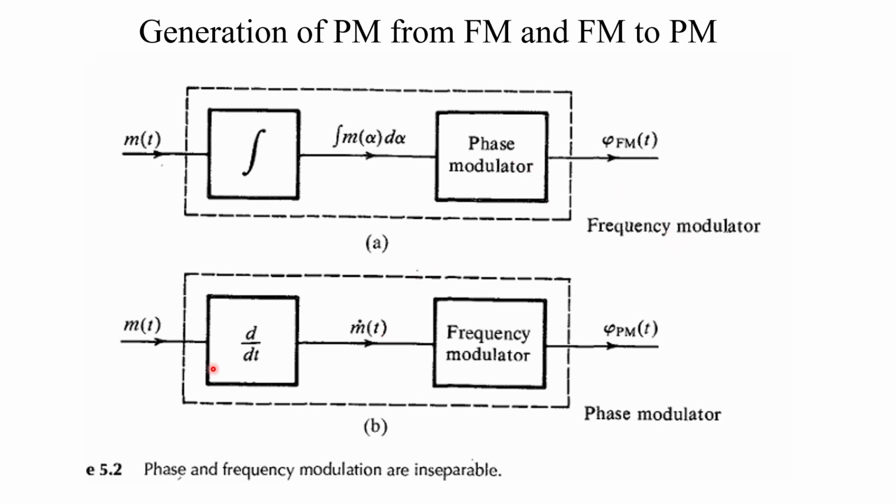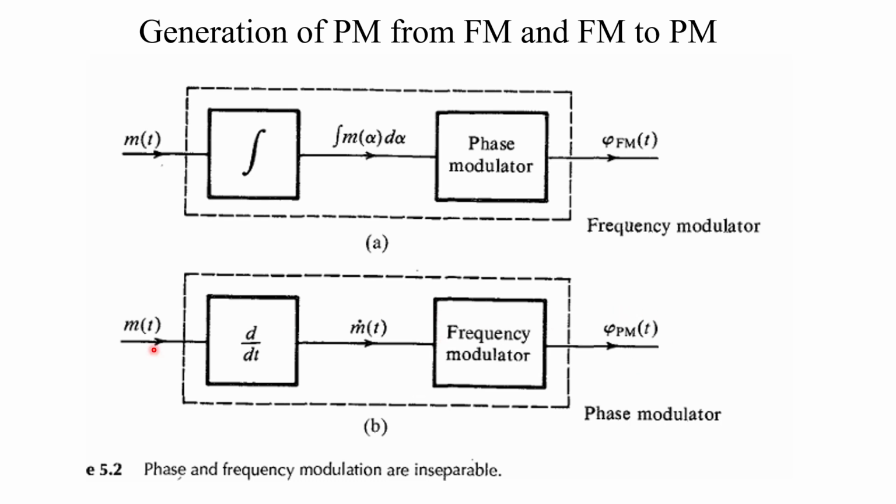And if you first differentiate mt and then apply frequency modulation, it will be phase modulation. Why? Because the differentiation and the integration cancel out, and finally you get simple mt. That is why this is PM, phase modulation only, right?